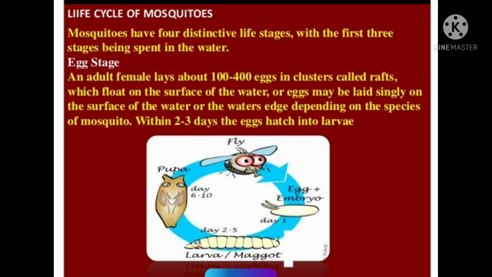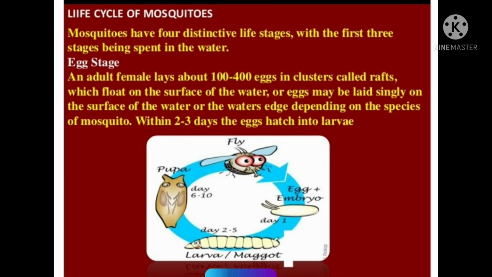So there are 4 different stages in a mosquito's life. Out of them, 3 stages are actually spent in water. Let us learn about the first stage, that's the egg stage.